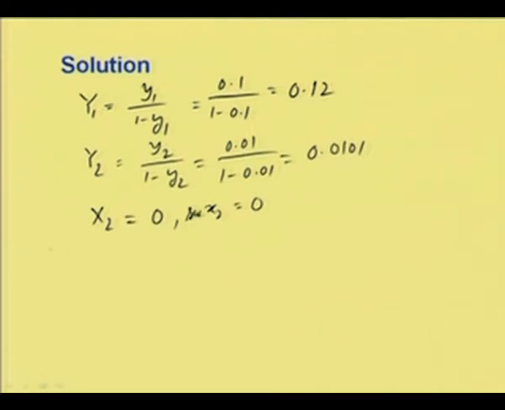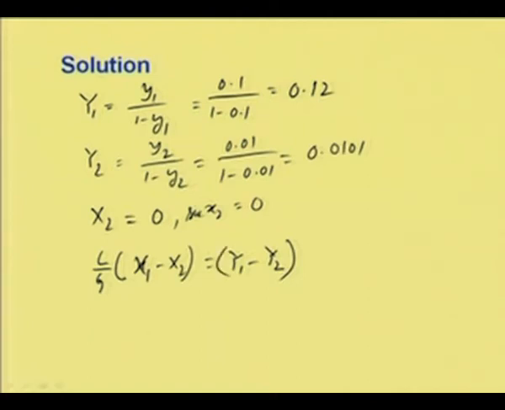If we do the overall material balance, we can write the equation of operating line: L by G into capital X1 minus X2 would be Y1 minus Y2.